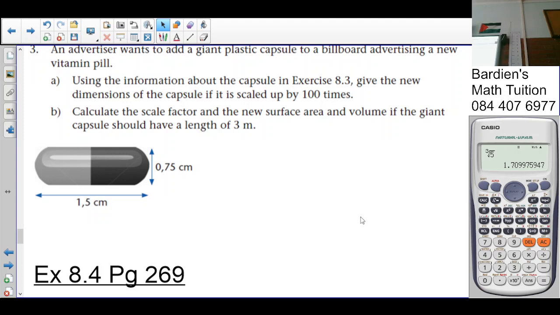Now the dimensions, if this is going to go 100 times bigger, then that is going to give you 75 centimeters, not so? So that is going to be 0.75 times 100. Then you multiply this by 100, I'm going to get 150. Not so?